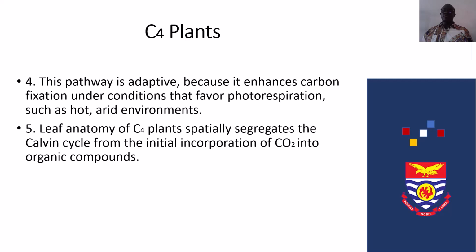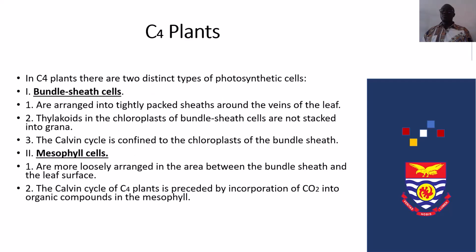Leaf anatomy of C4 plants spatially segregates the Calvin cycle from the initial incorporation of carbon dioxide into organic compounds. In C4 plants, there are 2 distinct types of photosynthetic cells. Bundle sheath cells are arranged into tightly packed sheets around the veins of the leaf.